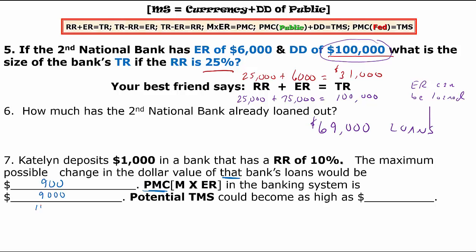Why? Because 10 is the multiplier and 900 is the excess reserves. So 9,000 is the potential change in the money supply, which means the total money supply could become as high as $10,000. Remember, TMS is the potential money created plus the original deposit, that's 9,000 plus 1,000.